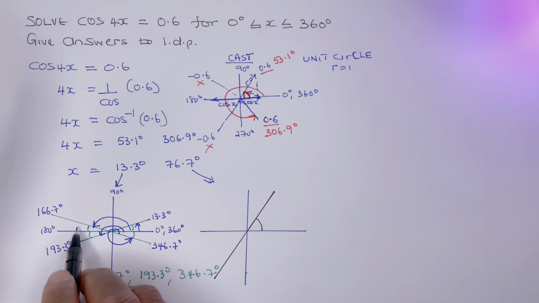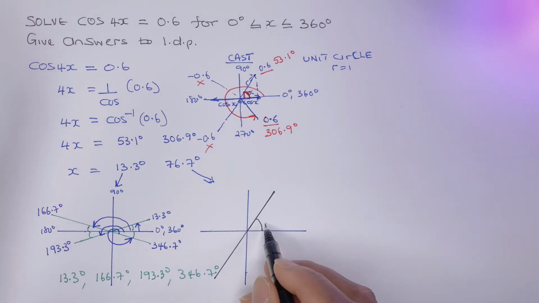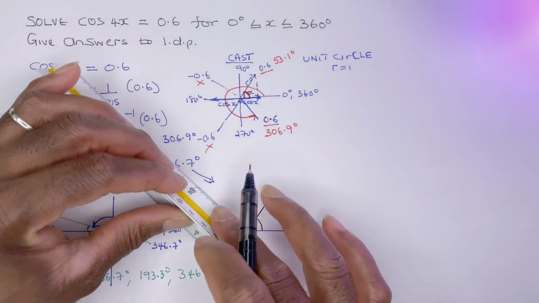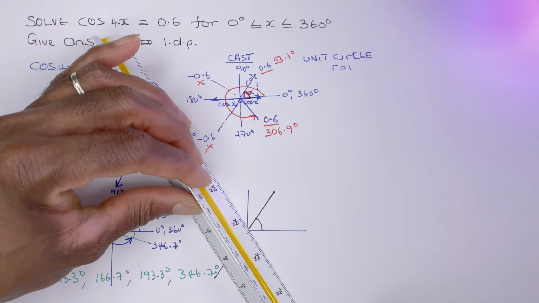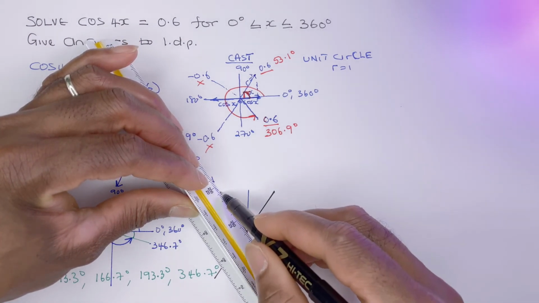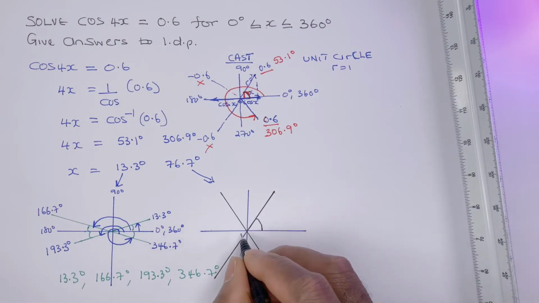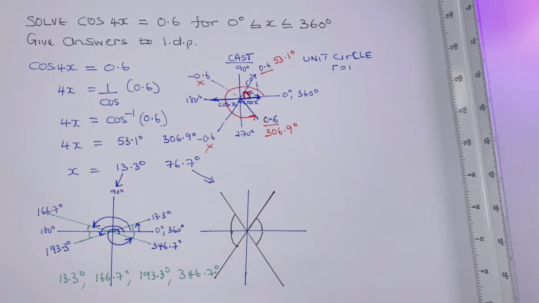If this is 76.7 degrees, the vertically opposite angle is too. Likewise, that was reflected on there, so let's just do that. Again, this is just a rough estimate diagram, it's not meant to be perfect. So that's 76.7 there, 76.7 there, and 76.7 there.